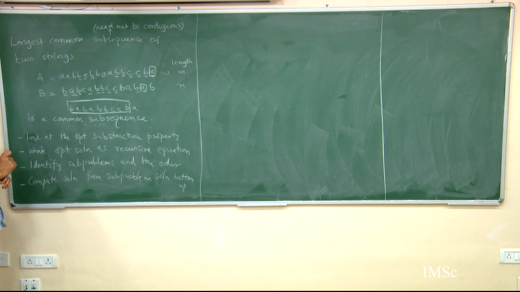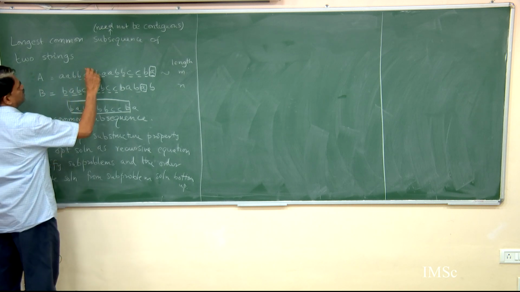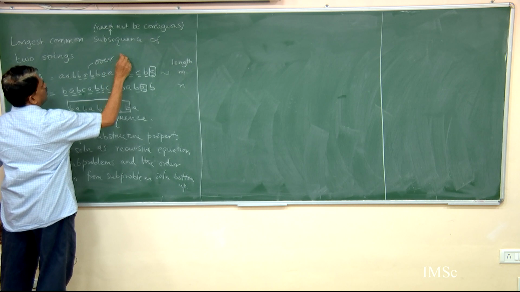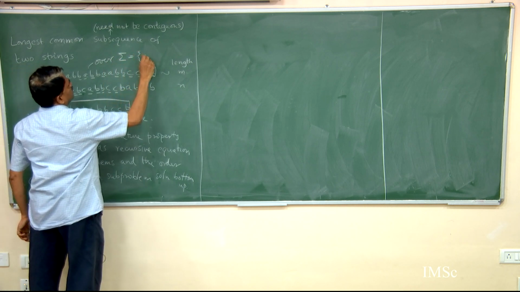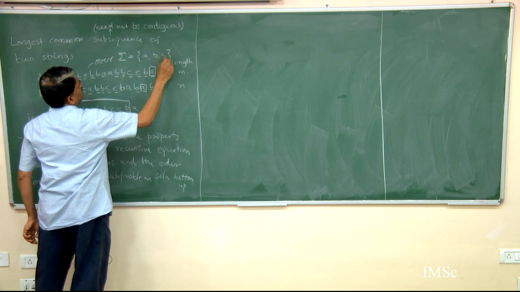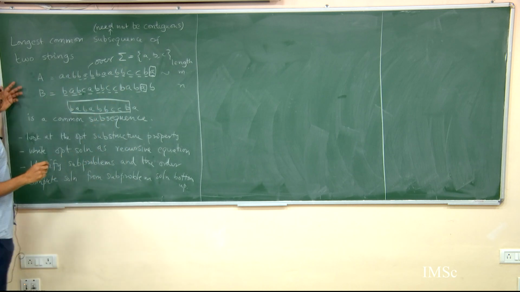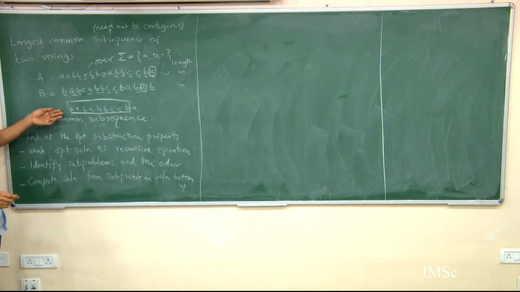Okay, so the problem we want to look at is the longest common subsequence of two strings. You're given two strings A and B like this over some finite alphabet. In this case, the alphabet is A, B, C, but in general, some finite alphabet. And we want to find a subsequence of these two strings, which is common to both strings and is the longest.